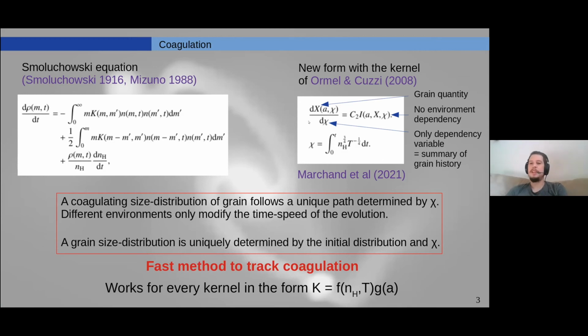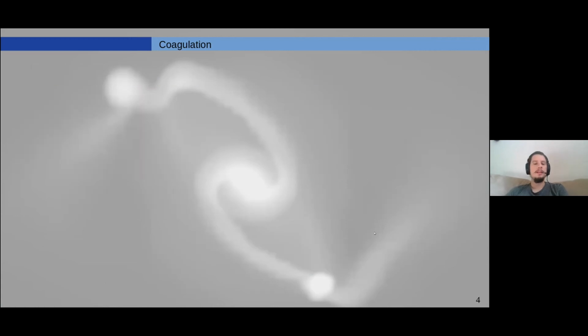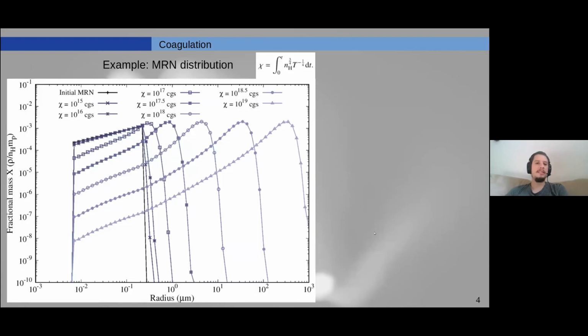Here is an example for the turbulent kernel derived by Ormel and Cuzzi, but it works for every kernel where you can separate the gas variable and the grain variable. Again, for the MRN distribution here in black, these are the coagulated size distributions for various values of chi.